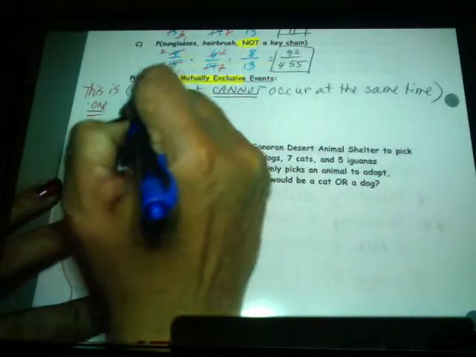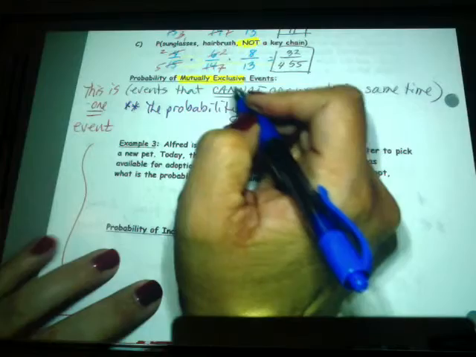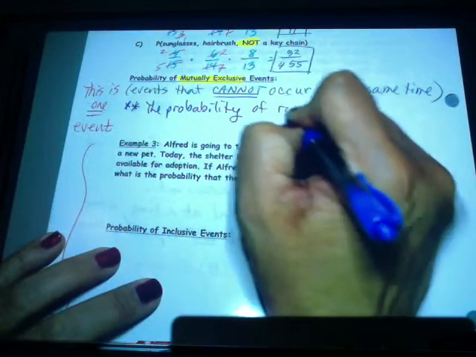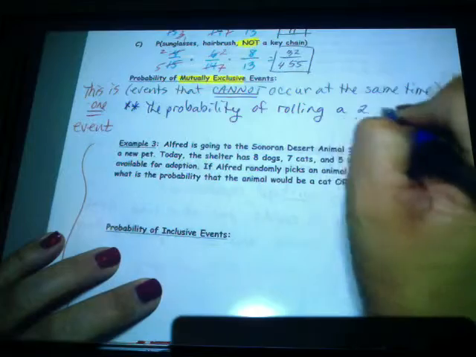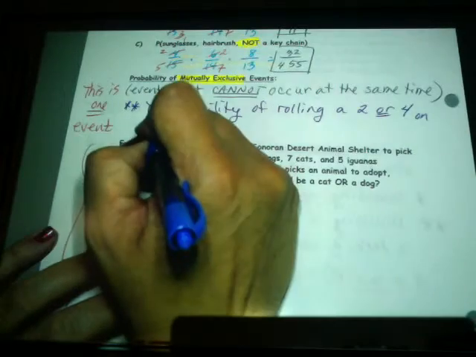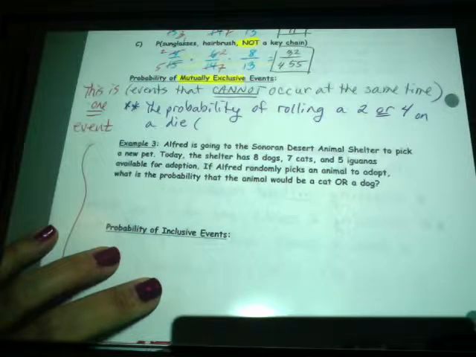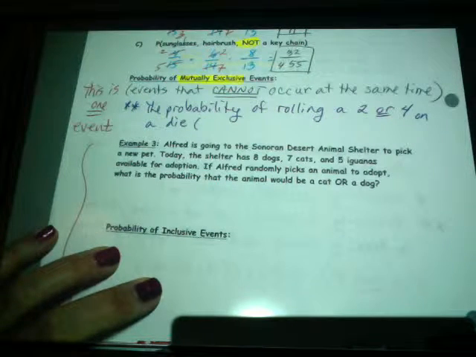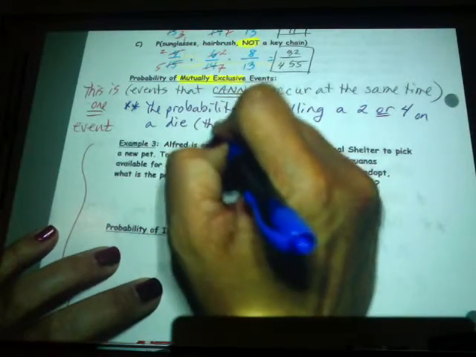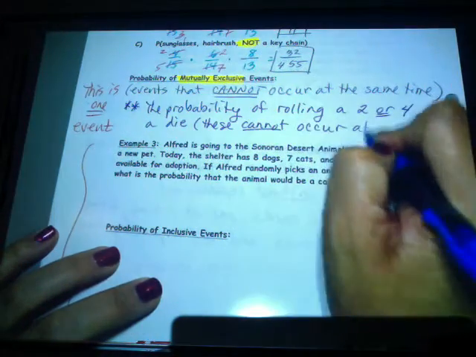An example that you can write down would be the probability of rolling a 2, or there's that keyword, 4 on a die. Can you roll both a 2 and a 4 at the same time on a number cube, on a die? Yes or no? No. So you might want to put in here that these cannot occur at the same time.